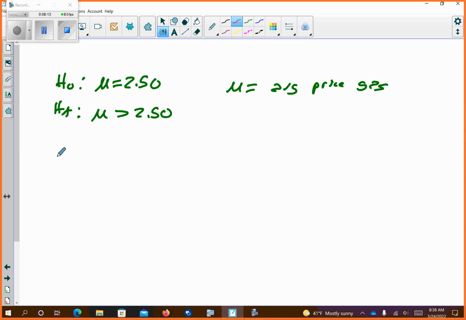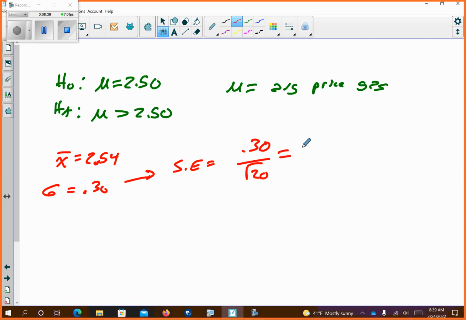So we know right now that we have an average of 2.54. And then we know we have a standard deviation of 0.30. But we want to find the standard error. So we're going to go 0.30 divided by root 20. And that's going to come out to 0.07. I'm rounding to 2 decimal places because we're dealing with money. Okay?